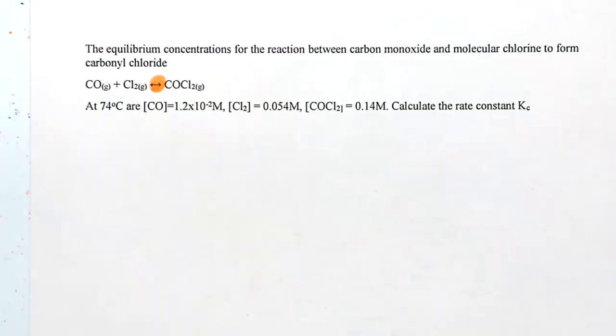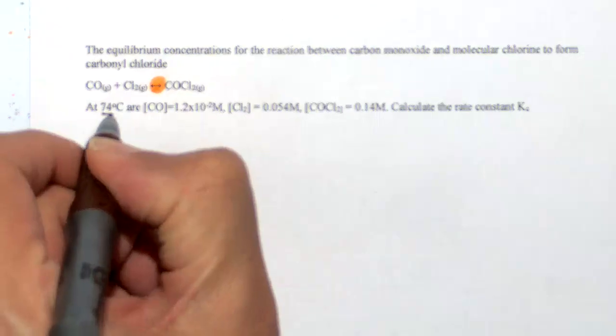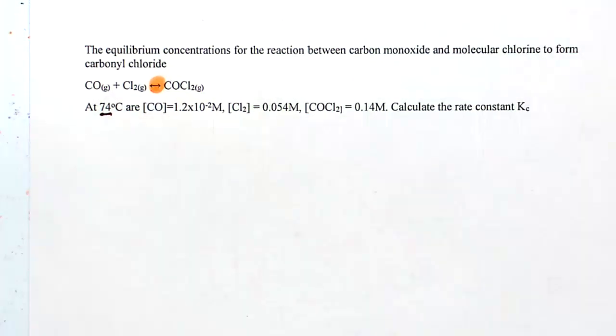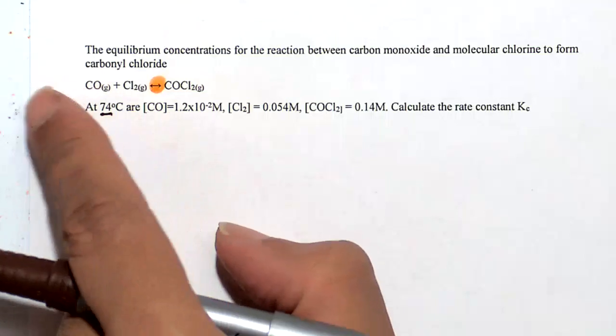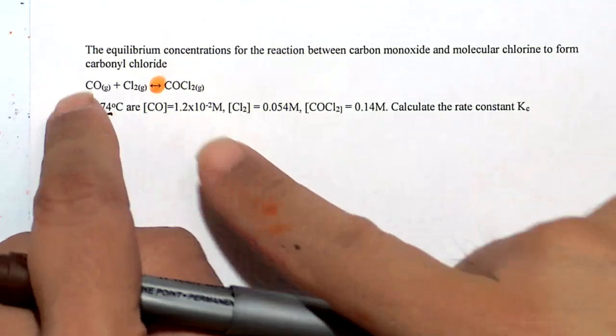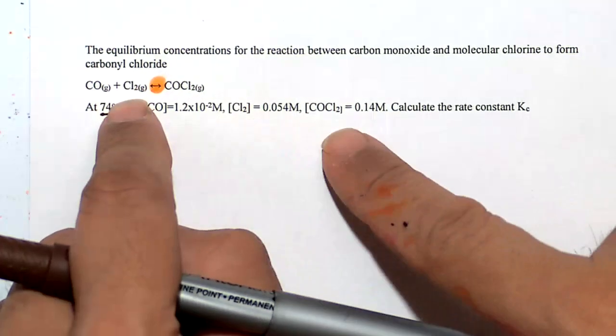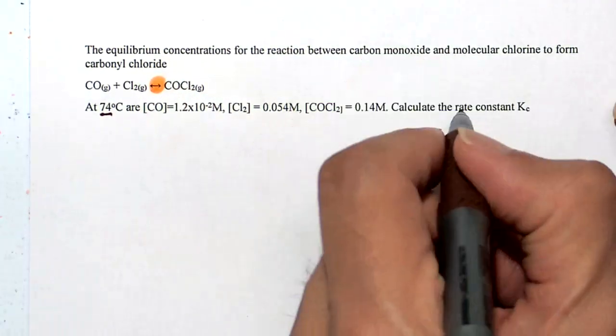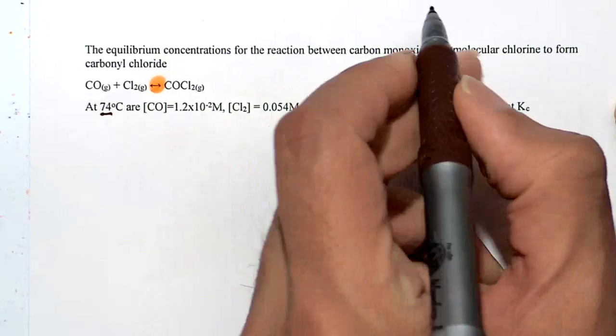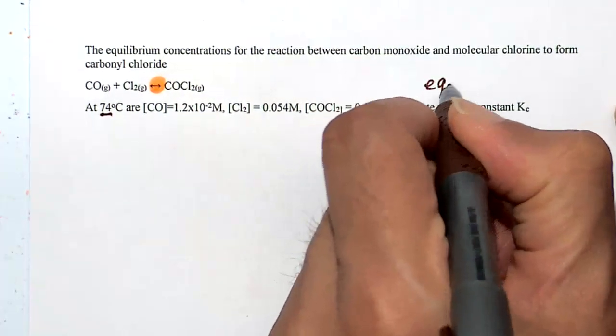We specify these things at a specific temperature, in this case 74 degrees. At 74 degrees we have the concentration of CO as that, concentration of Cl2 as that, COCl2 as that. Calculate the equilibrium constant Kc.